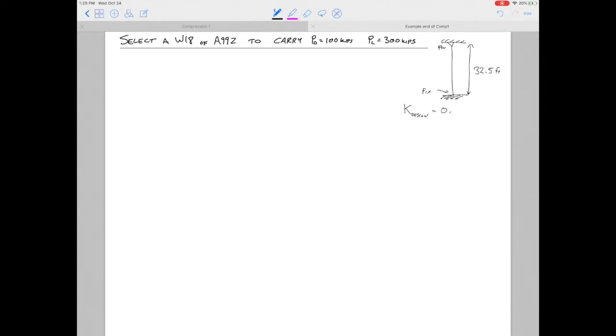So we need to use a slightly higher value of K. And so you see in Table C-A7.1 that the design value is 0.8 and the theoretical value is 0.7.